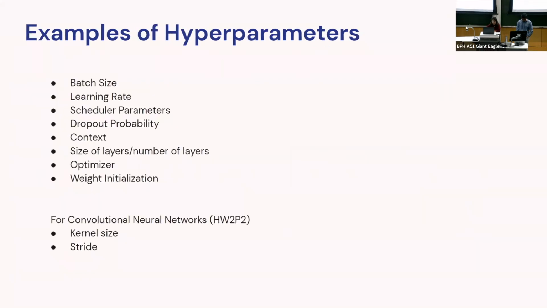Some examples of hyperparameters are the batch size. With batch size, we are basically dividing our entire dataset into smaller chunks, and then we perform gradient descent on each of these batches. Having a large batch size and a small batch size each has its own advantages.